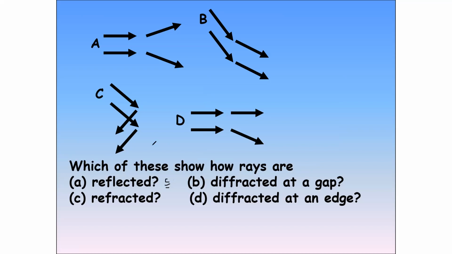Which one is showing the diffraction at a gap? When it passes through a gap, it spreads out in both ways. Which one is showing a refracted ray? B is representing a refracted ray. And which one is showing a diffraction at an edge? D is representing a diffraction at an edge.